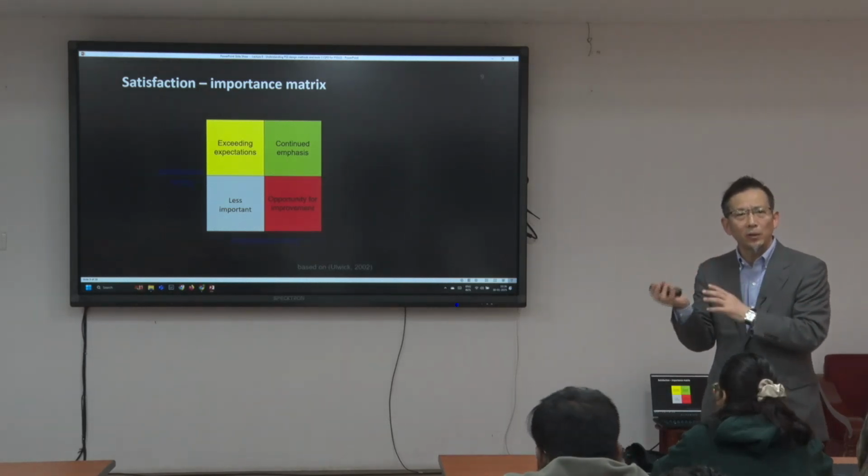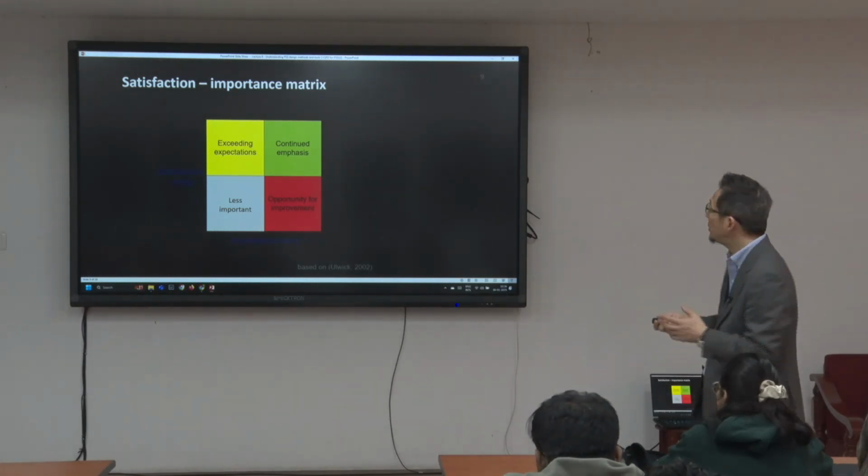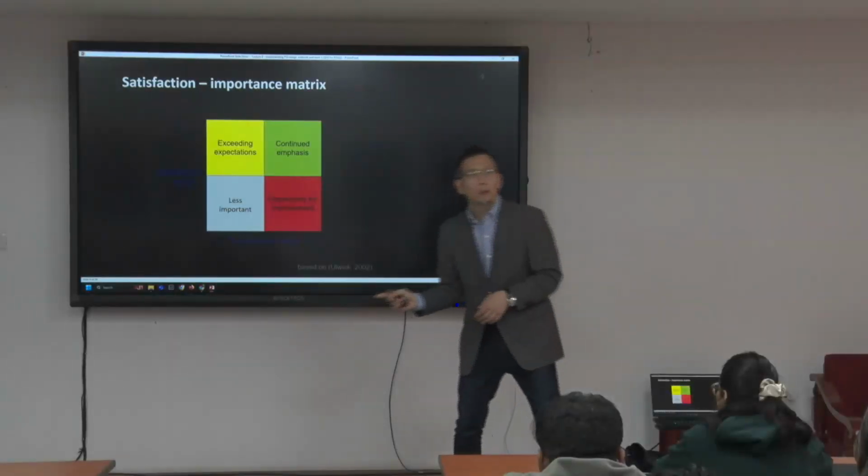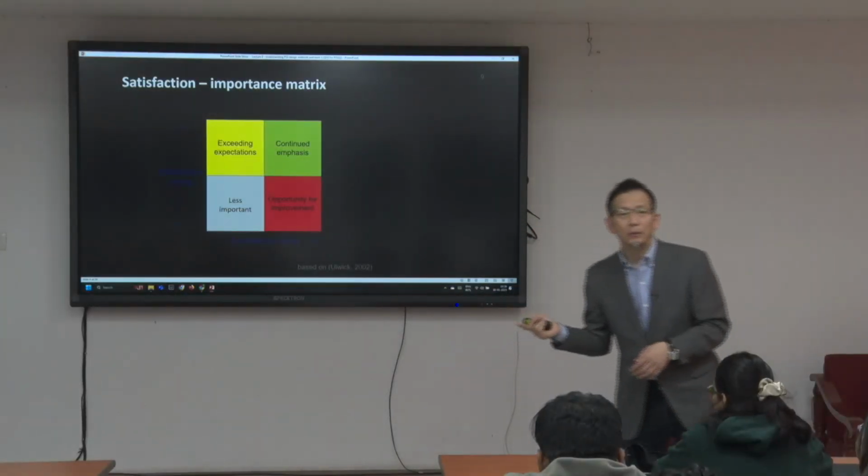They want to focus on more important ones and more feasible ones. So let's say you have multiple customer values that you are considering, okay? And each customer value can be assessed in terms of two dimensions. Number one, importance for the customers, okay?